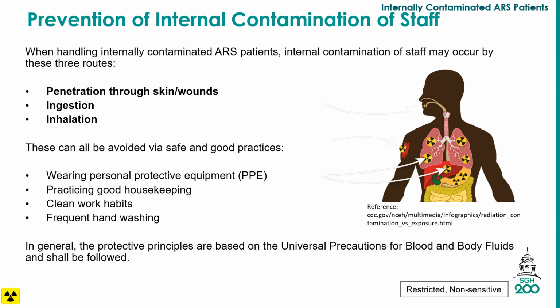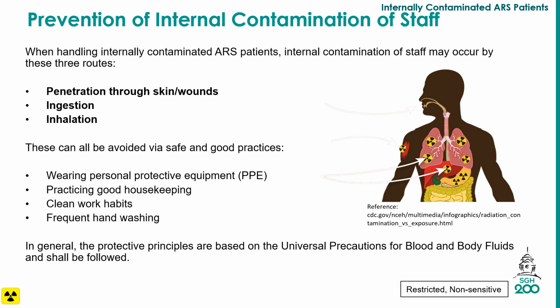Prevention of internal contamination. There are three ways in which we can contaminate ourselves when we handle radioactivity, or when we nurse patients who have got radioactivity inside them. It's through ingestion, it's through inhalation, as well as if you have cuts and wounds on your hands and you attend to these patients without proper PPE, there is a possibility of contaminating ourselves.